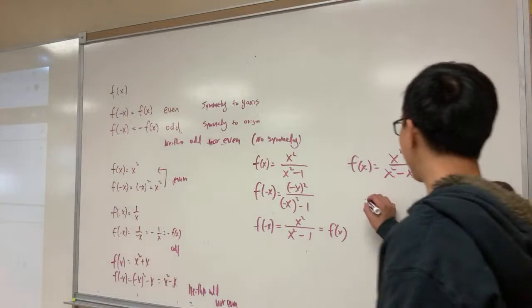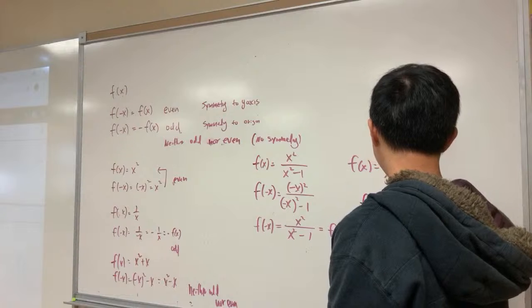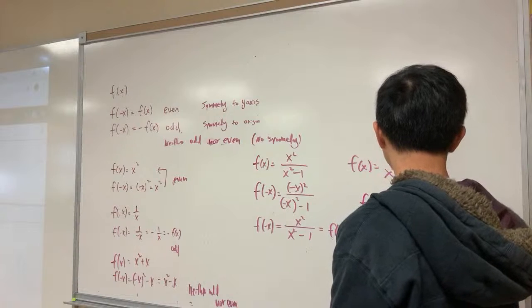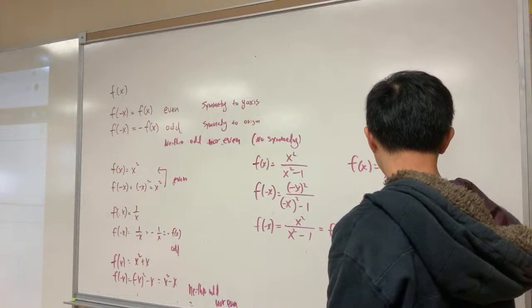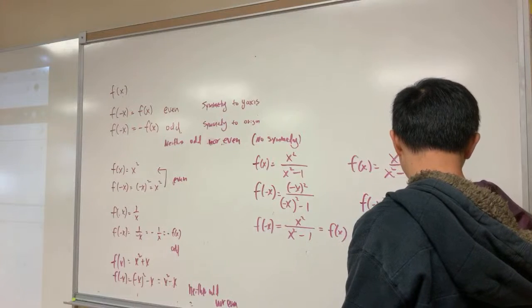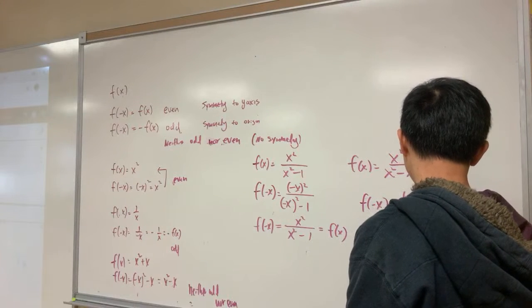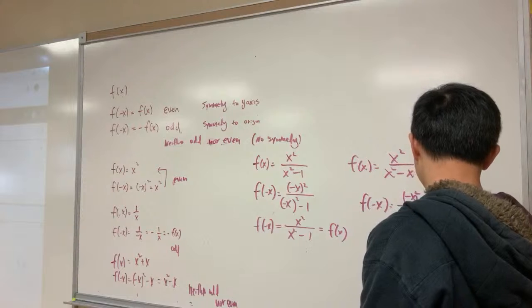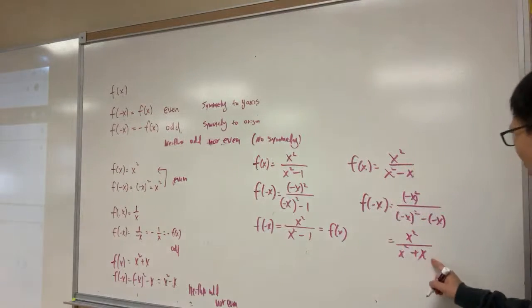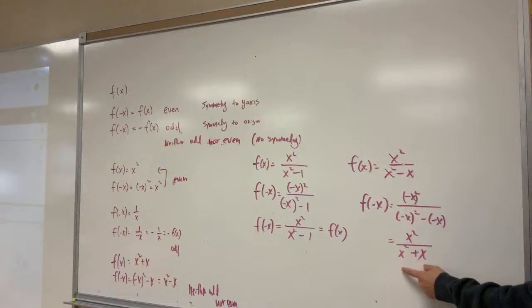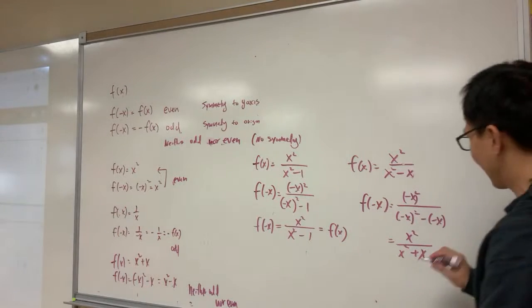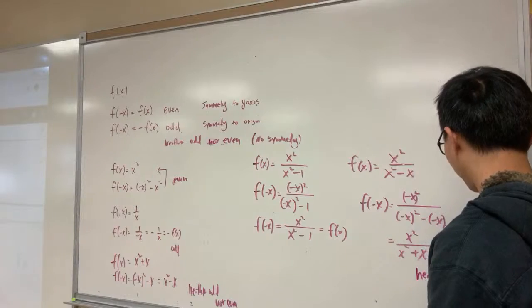Okay. If I plug in negative x, that's equal to negative x squared over negative x squared minus negative x. So that's equal to x squared over x squared plus x. The top is the same, but the bottom is completely different, and not opposite. So therefore, this is a neither case. Opposite would be negative x squared.